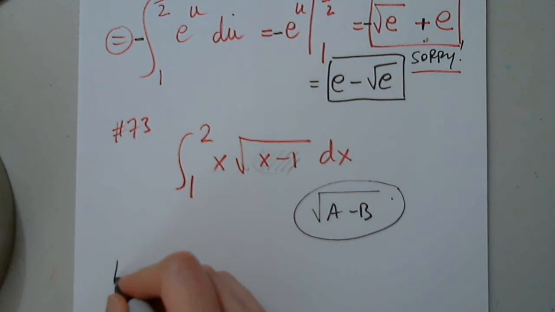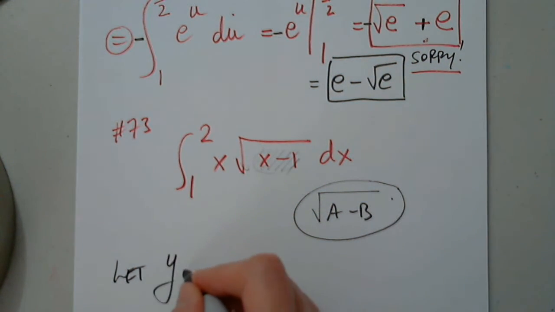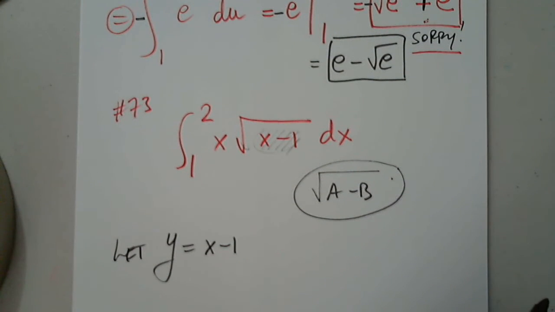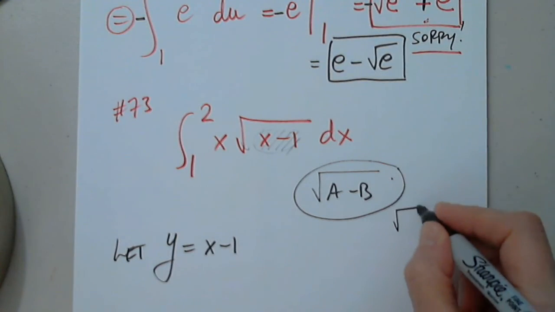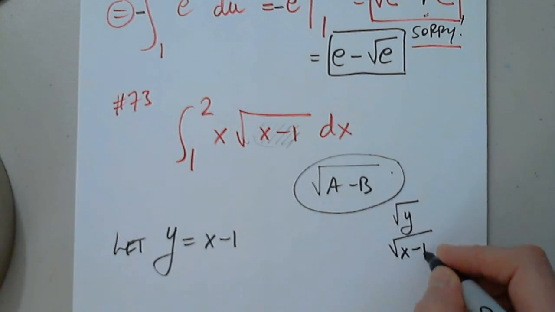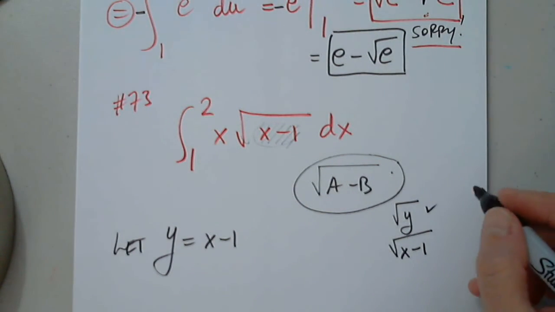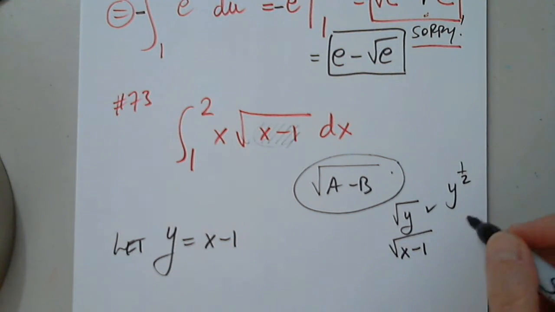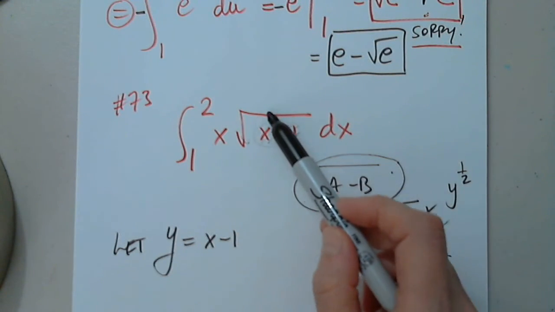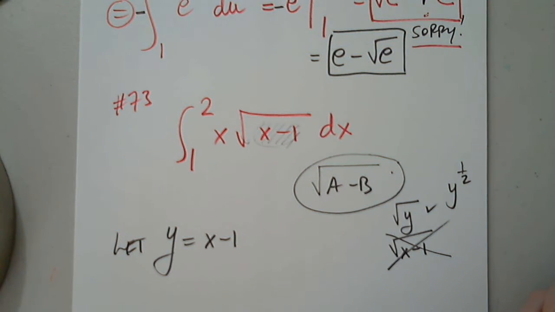So I would like to say, let y be x minus 1. Because I can handle the square root of y, but I cannot handle the square root of x minus 1. This is okay. This is y to 1/2. But this I cannot do anything to it. So that's my problem. My problem is having a function inside another function and not be able to simplify.